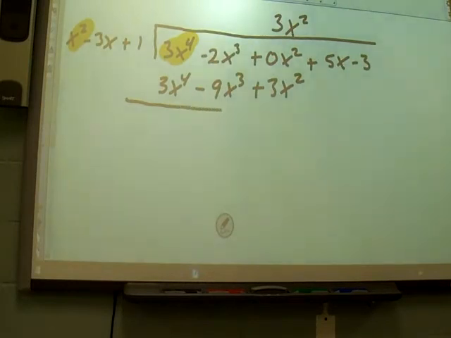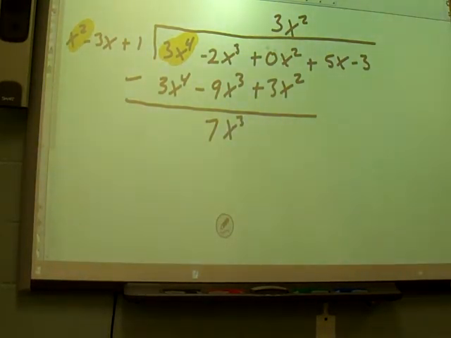Now, long division subtracts. Synthetic division added, long division subtracts. So we got 3x to the 4th minus 3x to the 4th is nothing. He's gone. Negative 2x cubed minus negative 9x cubed is 7x cubed. 0x squared minus 3x squared is negative 3x squared.